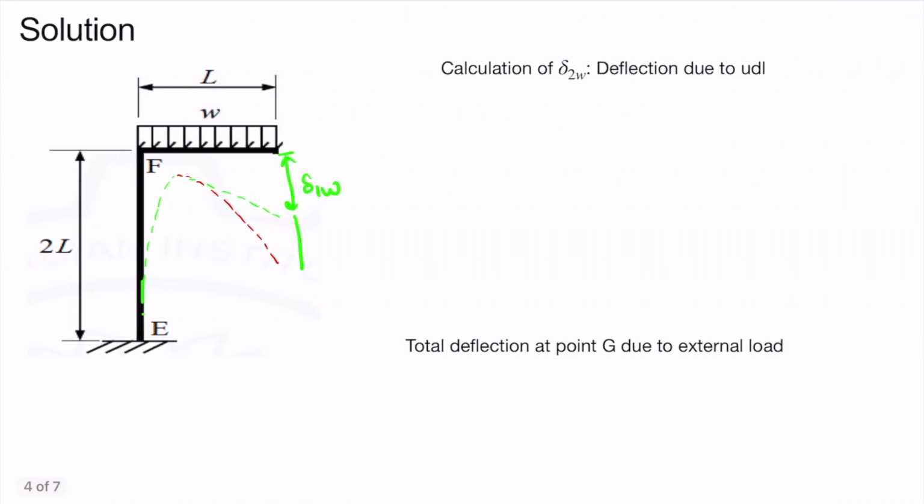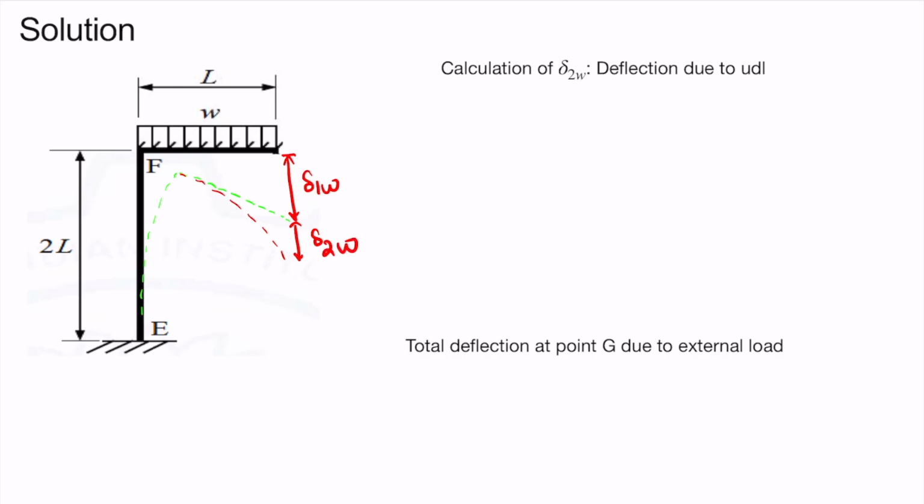So now let's quickly calculate the value of delta 2 W as well. In addition to delta 1 W, there is an external load W, due to which the beam will deflect like this. So this was our delta 1 W, which we have already calculated, and this is the value of delta 2 W, which we have to calculate.